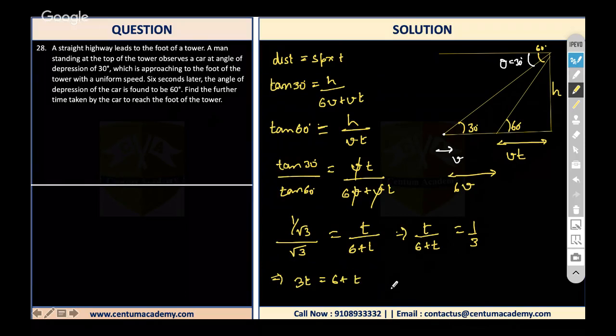I hope I am not making any mistake here, but never mind. Wait a minute, 1 by 3. So 3t is equal to 6 plus t. Yeah, correct. So 2t is equal to 6. So this implies t is equal to 3 seconds. So in 3 seconds, it will be there at the foot.